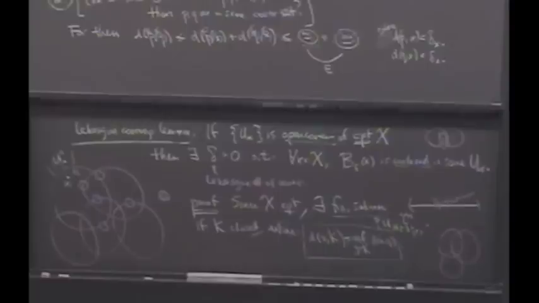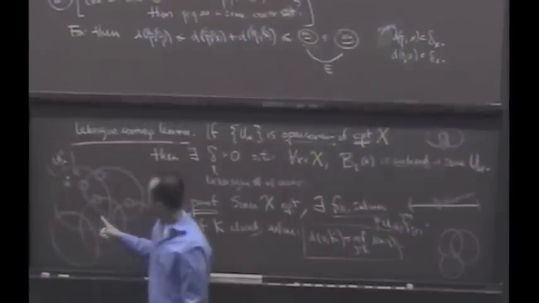What would it mean if I found a delta, a Lebesgue number delta? Then x is only delta close to one of the complements of the u alpha.